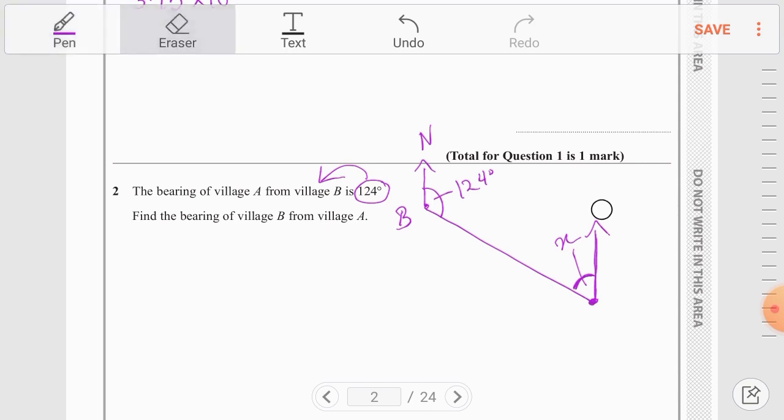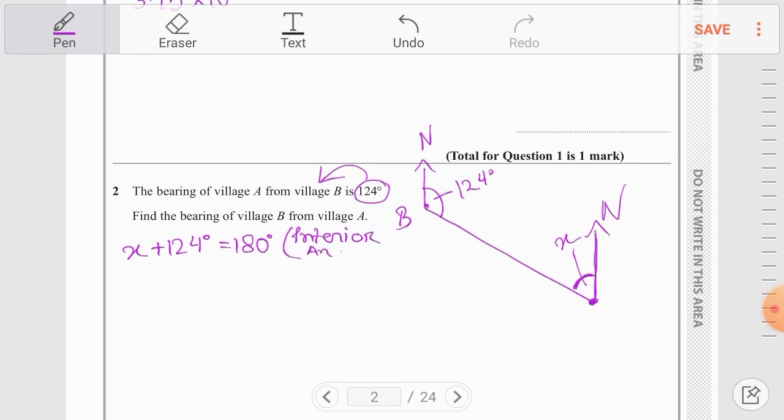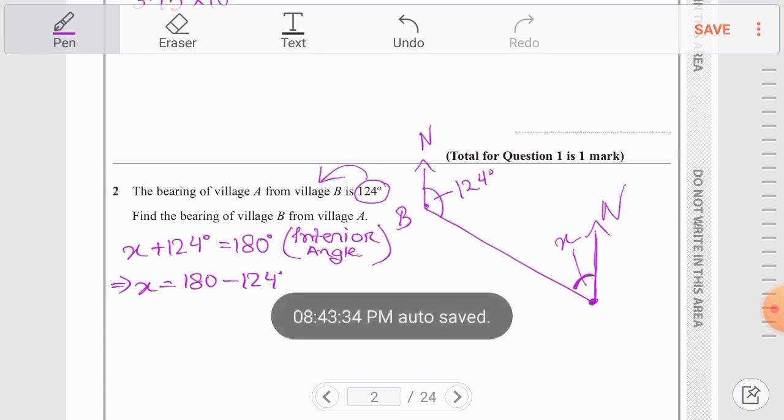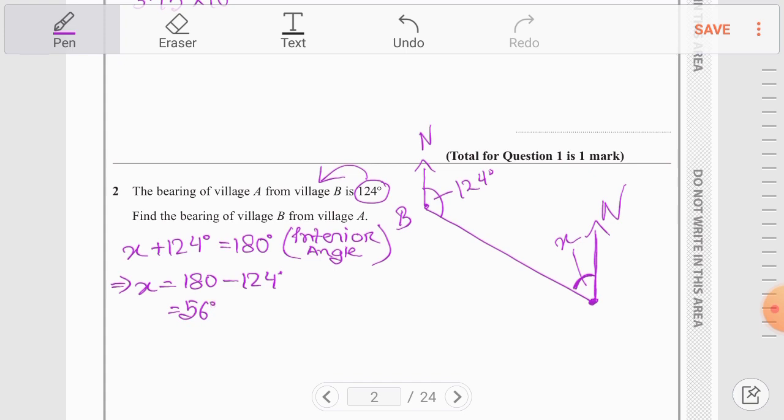As both the north lines are parallel to each other, x and 124 are interior angles. So x plus 124 degrees is equal to 180 degrees (interior angles). Now make x the subject and that gives you 180 minus 124. If you subtract 124 from 180, you get 56 degrees.